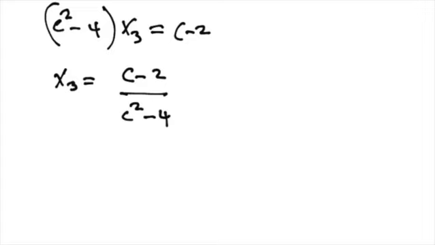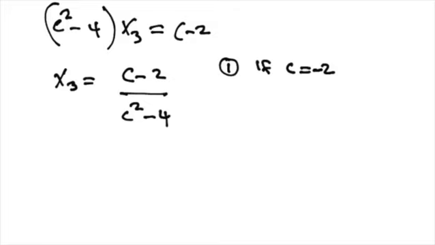Now we are asked at what point we do not get a solution to the system of linear equations. So at that point we have c is equal to negative 2.